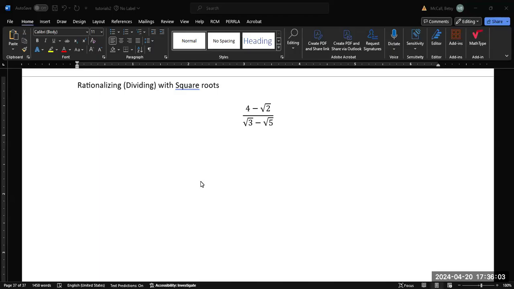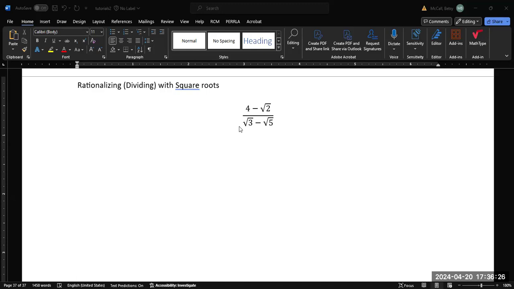All right, so in this video, we're going to be looking at how to rationalize square roots or how to divide with them. Now, if we have a division problem like this that involves square roots, the main trick to simplifying these expressions is going to be a process called rationalization.